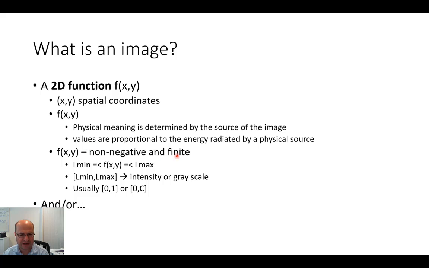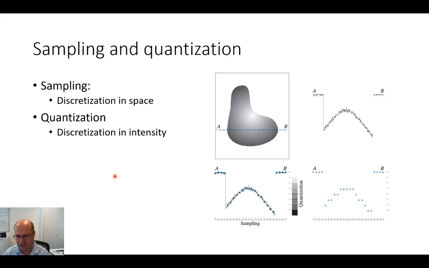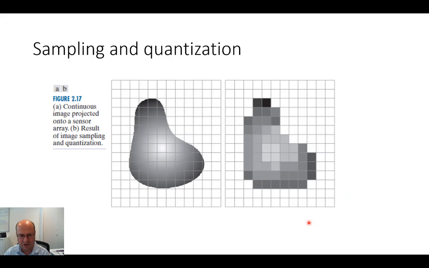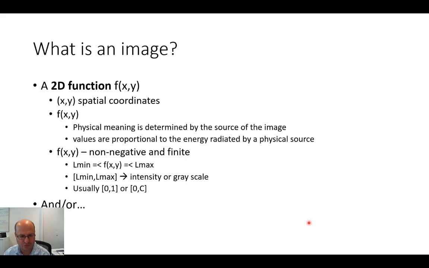This function is non-negative and finite, so it is limited. So it suffered a process of quantization, right? In quantization, you forced it to have a limited amount of intensities and a limited size as well. It can't be infinite because it has to be stored in a computer. A computer is not very good at storing infinite stuff.